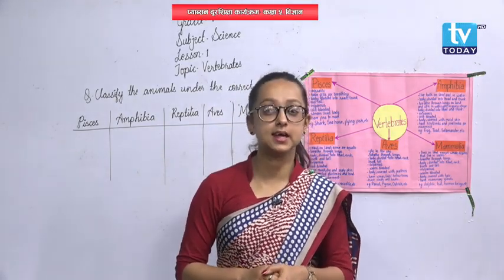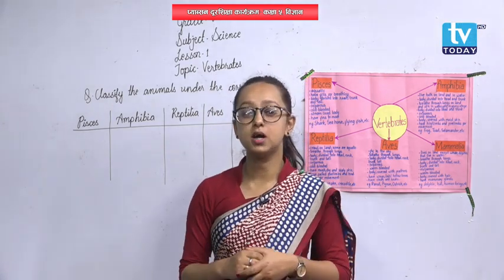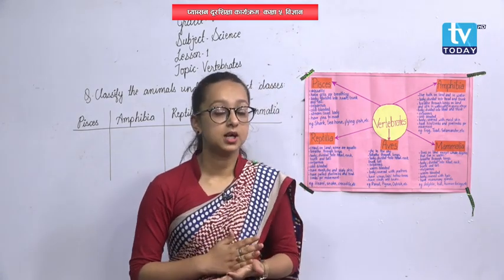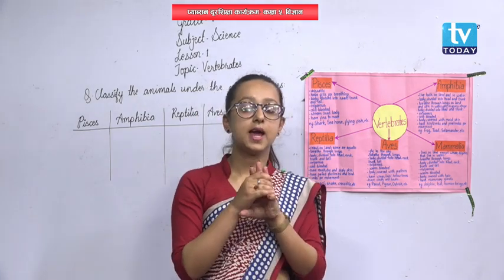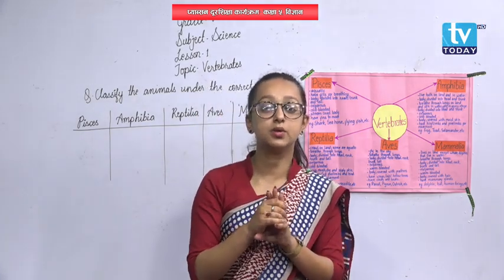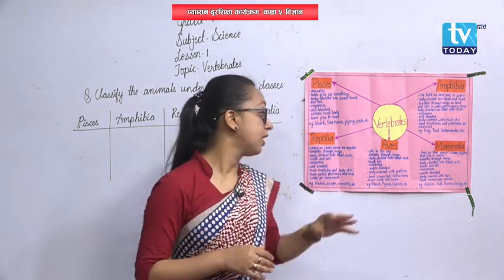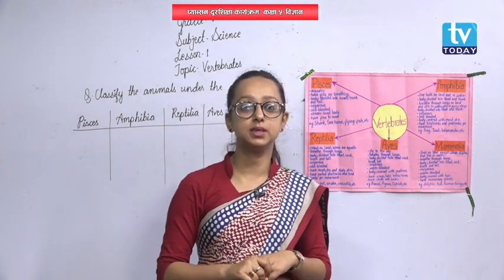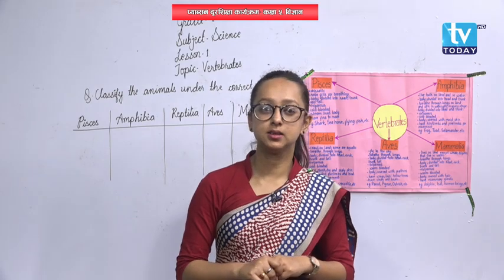They lay eggs. What about warm-blooded or cold-blooded then? Okay, up to here, the three classes we discussed, all the animals of those three classes were cold-blooded. But the animals of this class, that is apes, they are warm-blooded animals. They are not cold-blooded, they are warm-blooded animals.